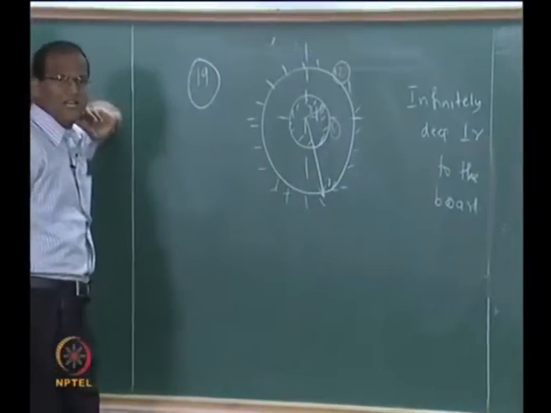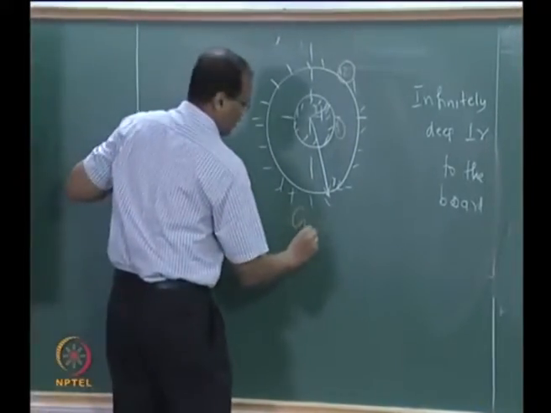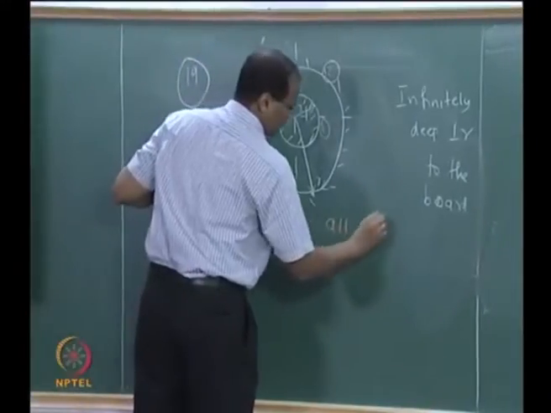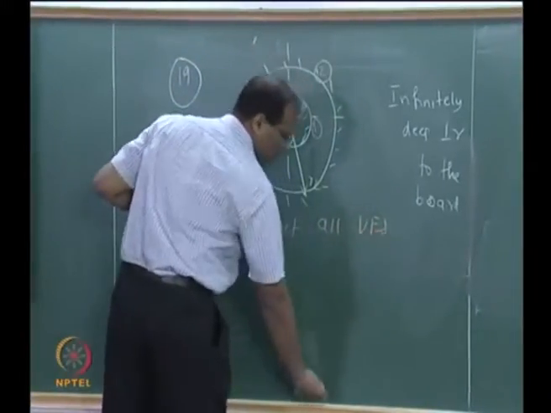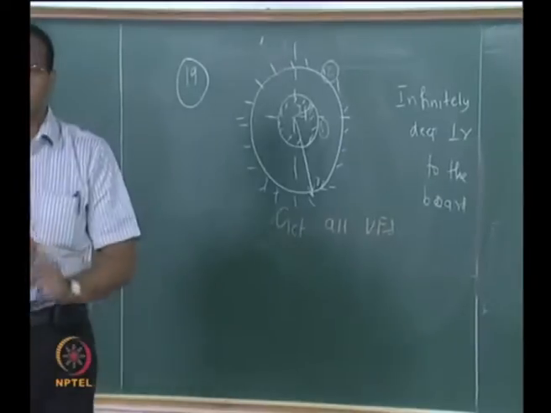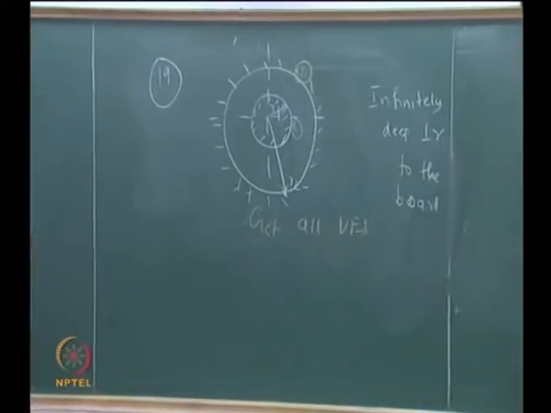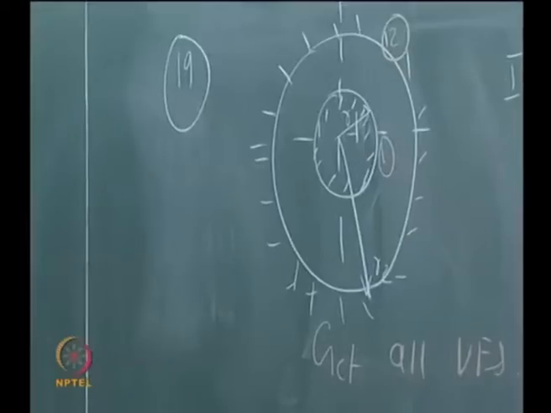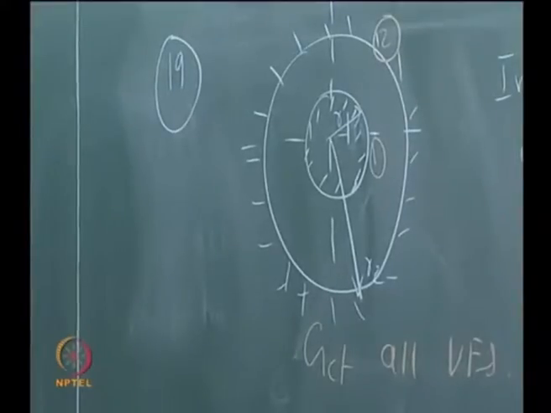Problem 19, for the cylindrical duct, get all view factors. Assume that there is vacuum in between 1 and 2.